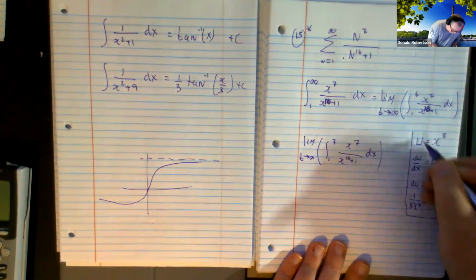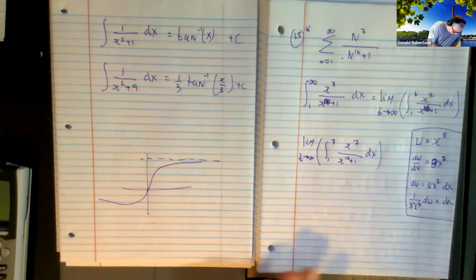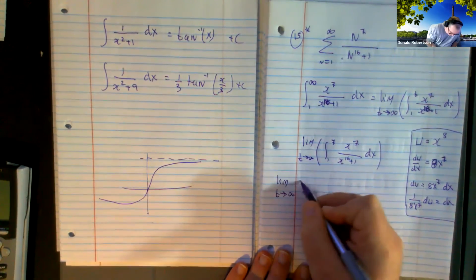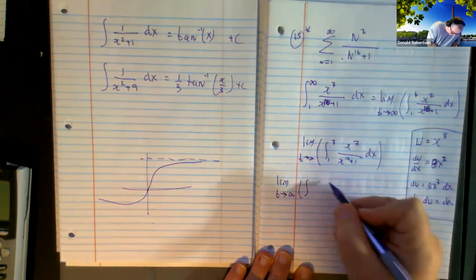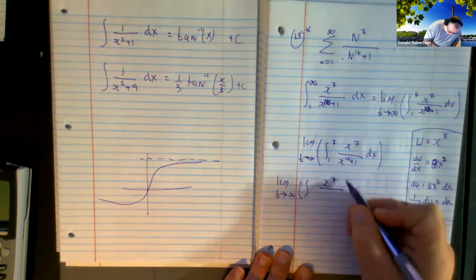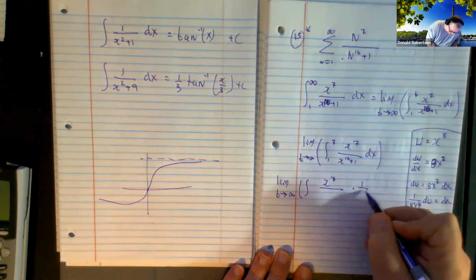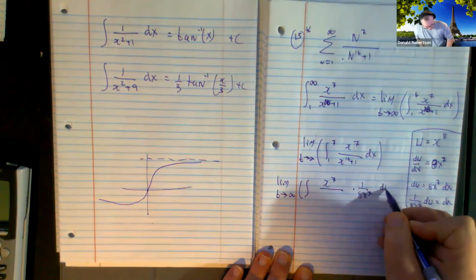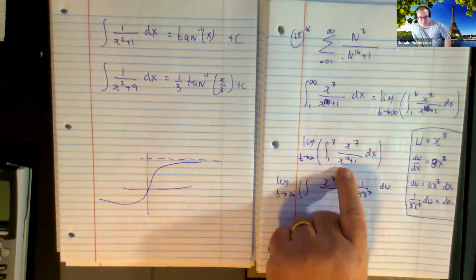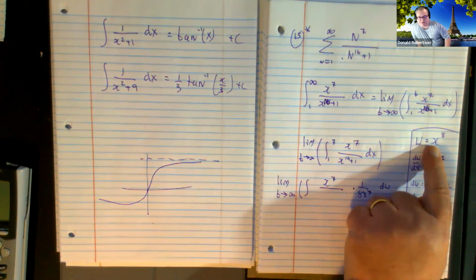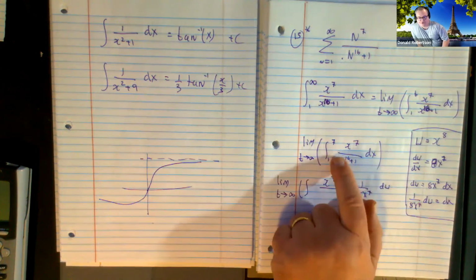We get that. So we're going to have the limit as t tends to infinity. Don't put the boundary in. And x to the 7, this guy that I'm not going to talk about for a minute, 1 over x to the 7 du. Right, x to the 16 plus 1 has to be written in terms of u. Isn't x to the 16 just u squared.